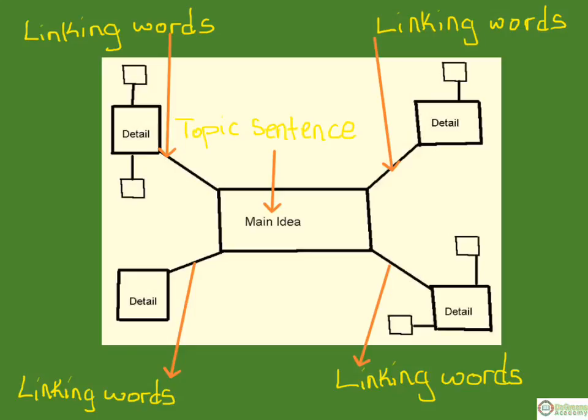The linking words now take the main idea and explain it, and break down the main idea so that it can be understood, telling us of the time, telling us of the place, and the how, and the gravity of the situation. And so linking words are very important in paragraph writing.